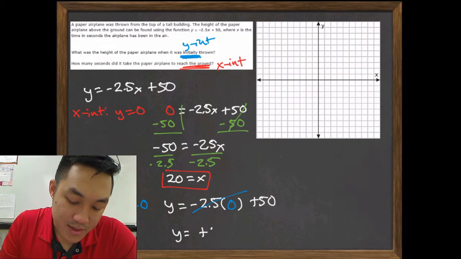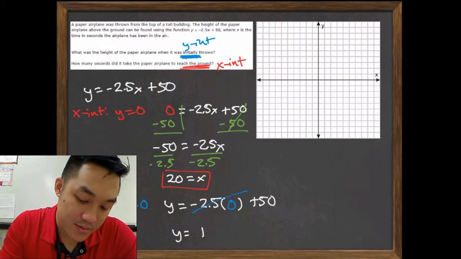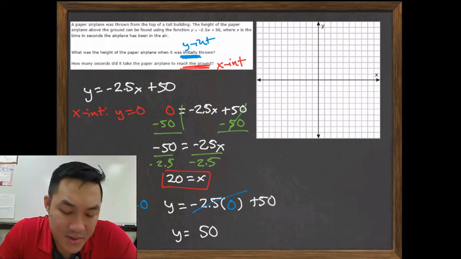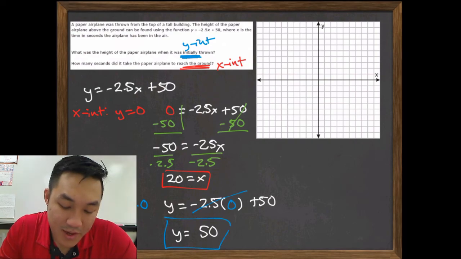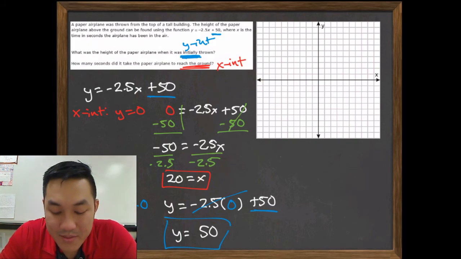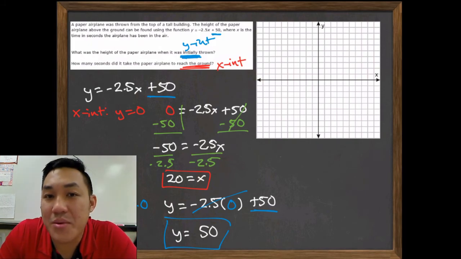So the y-intercept is just 50. This follows slope-intercept form, where the b value in our original equation is your y-intercept. So that's something we already know, and notice how the math kind of works out.